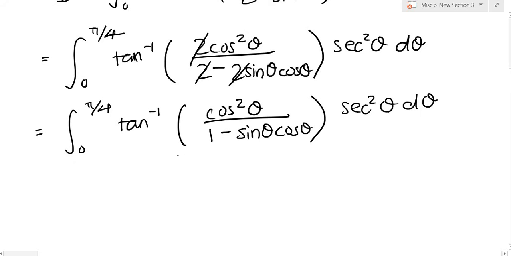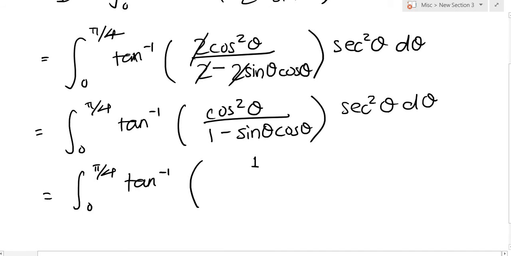Now, as I said, we want to somehow make a substitution in the place of tan theta, right? So we need a tan theta inside this argument here. And the way we can do that is divide numerator and denominator by cosine squared theta. And you will see in a minute why I chose cosine squared theta.